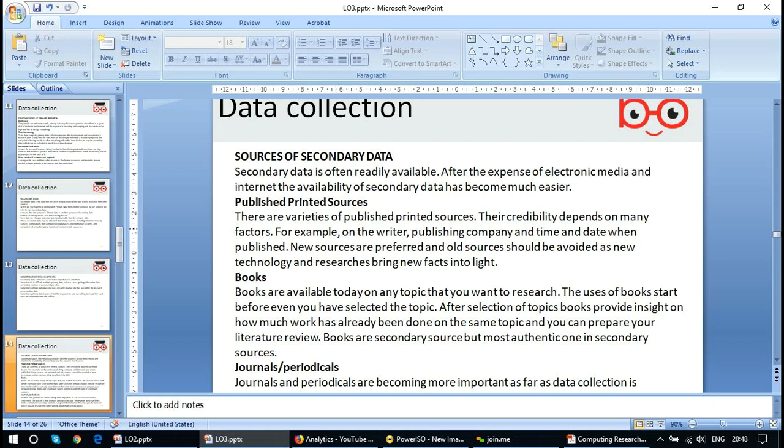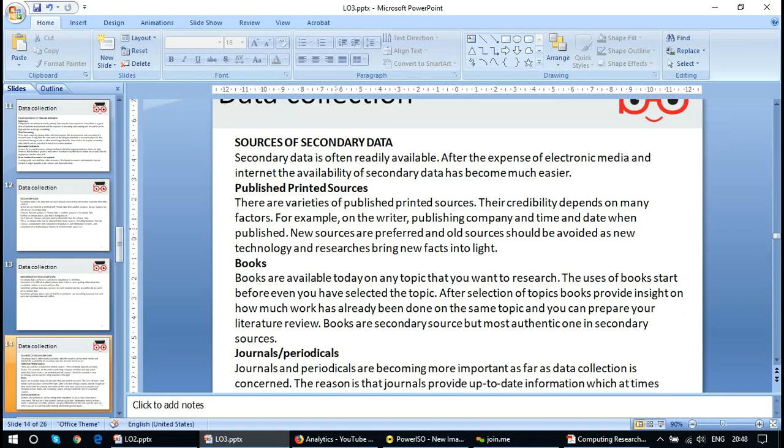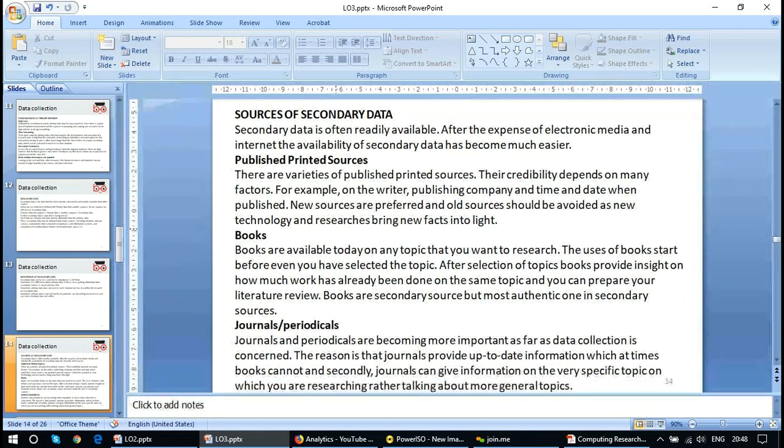So obviously, when it becomes a book, it means it has become a theory, and it is most authentic as compared to printed media, magazines, and research papers and journals, which are in an ongoing process. Journals or periodicals are becoming more important as far as data collection is concerned.